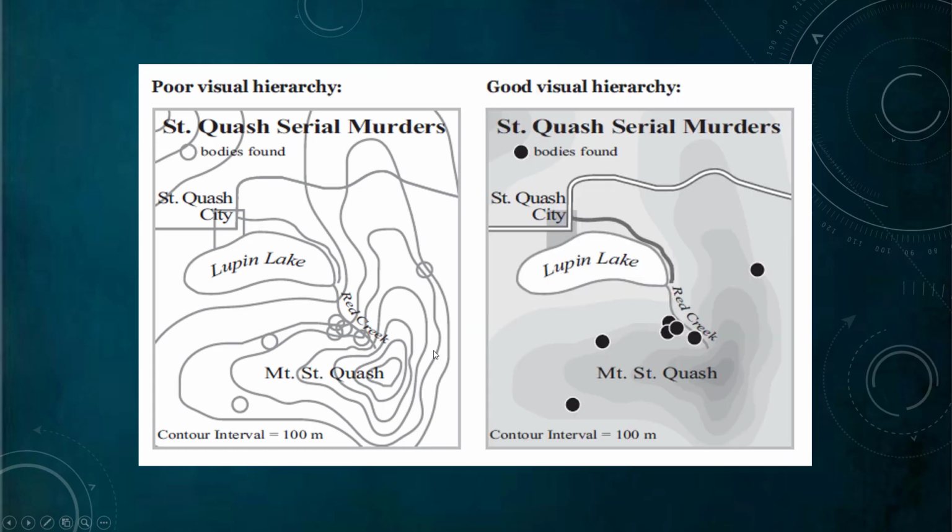So here's a redesign of that map. A little easier to figure out what's happening, right? All that information is still in here, but we've pulled out the most important information, which is the location of the victims, right? Then we have developed a hierarchy of roads, in fact, a couple different line weights or line treatments for roads here, right?